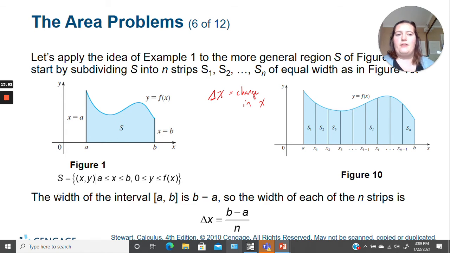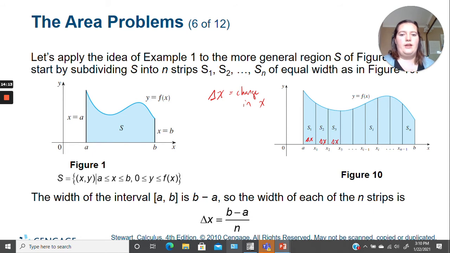If you think about that one example we did from 0 to 1, when we broke it into 4 pieces, the width of each subinterval was 1/4. So all delta x is, it's the change from one endpoint to another once you break it down. Each of these is going to have width delta x.